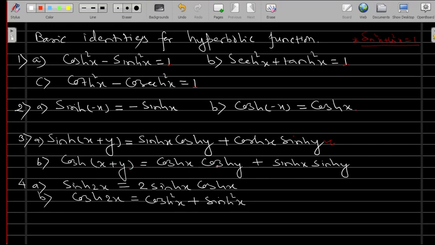Similarly, cos a cos b plus sine a sine b, the sign is changed here. And sinh 2x equals sinh x and cosh x, and cosh 2x equals cosh square x plus sinh square x.